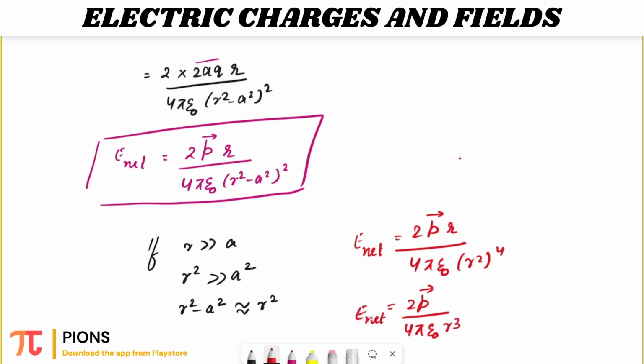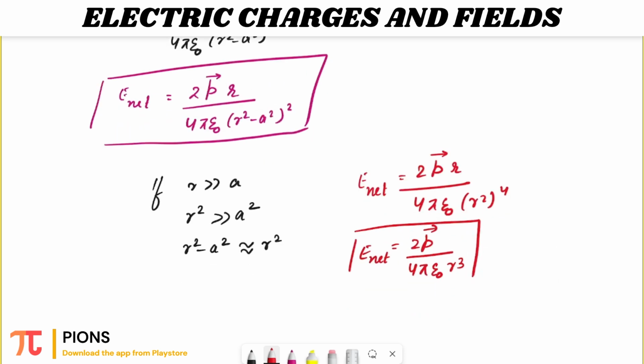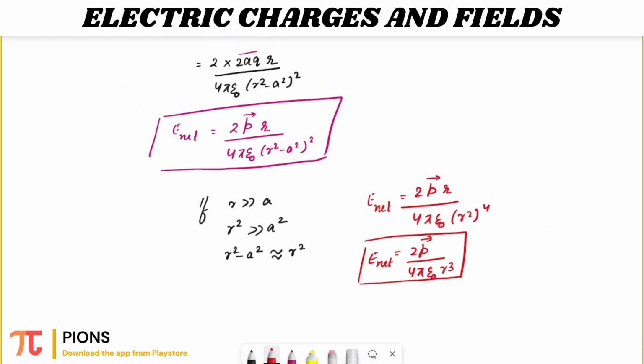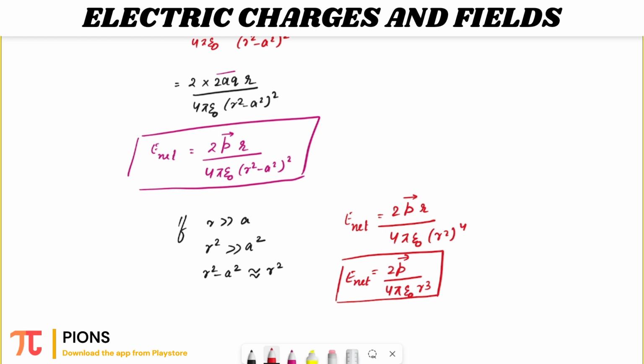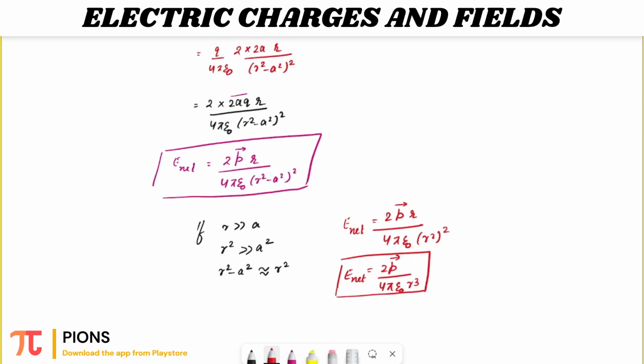So electric field is inversely proportional to R cube for a dipole. And from where did we get that? Exactly, R square whole raised to 2.